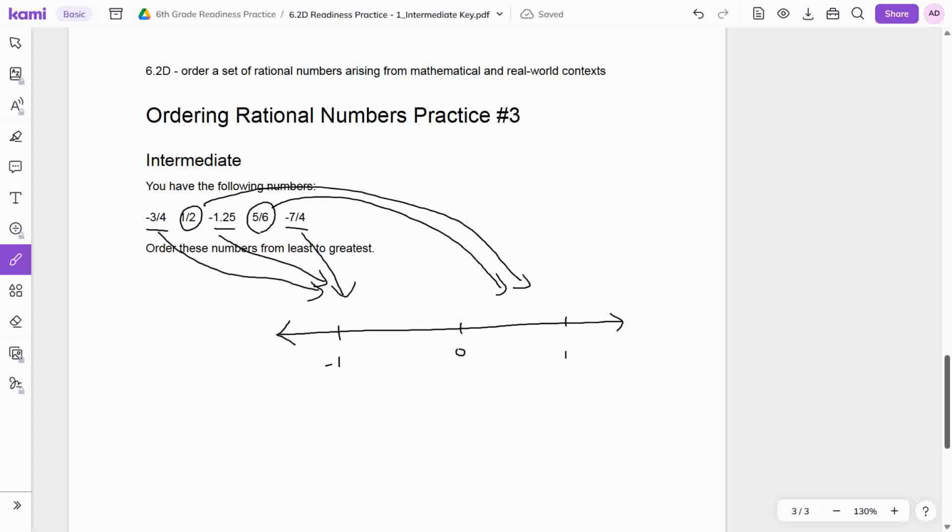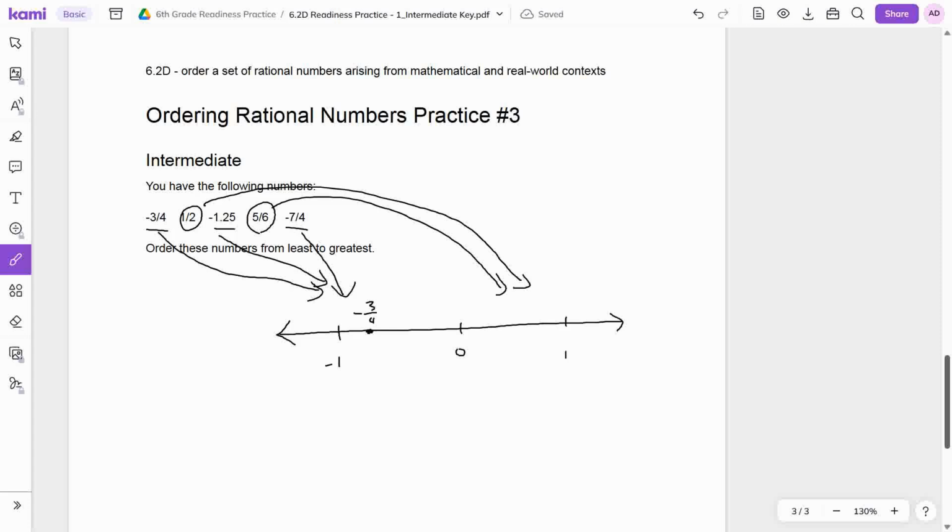Now, I notice this -7/4 is an improper fraction. It's greater than 1. I notice the -1.25 is greater than 1. But I notice my -3/4 is less than 1, which means that has to go somewhere right here. And I don't need to order that.